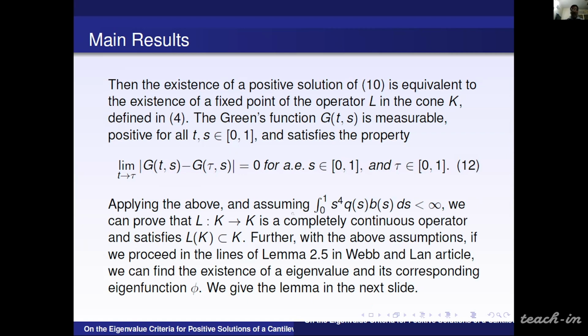In fact, Webb proved in his lemma 25 that there exists an eigenvalue and the corresponding eigenfunction phi. But for this fourth order problem, we have proved this separately; this additional condition was required: the integral over 0 to 1 of s to the power 4 q(s) b(s) ds is finite.